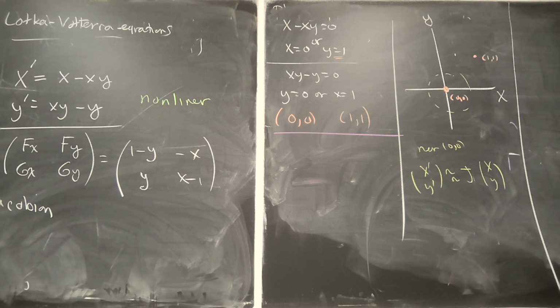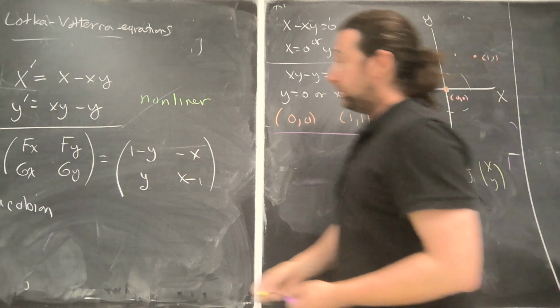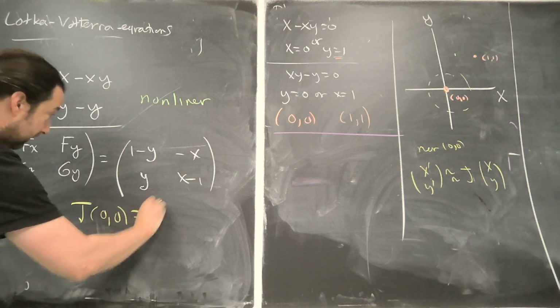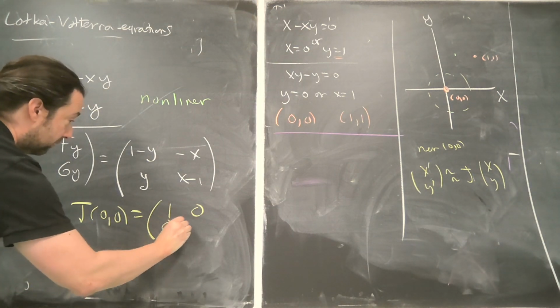It's not a linear system, but it's almost one. So I'm going to write down what the derivative is at 0, 0. What is the slope of that system at the point 0, 0? J at 0, 0 is the matrix 1, 0, 0, minus 1.